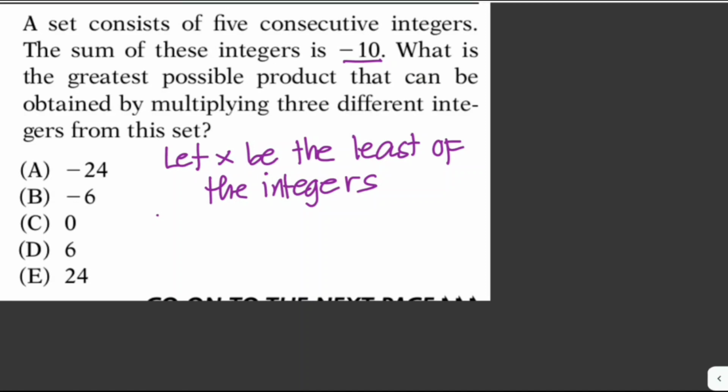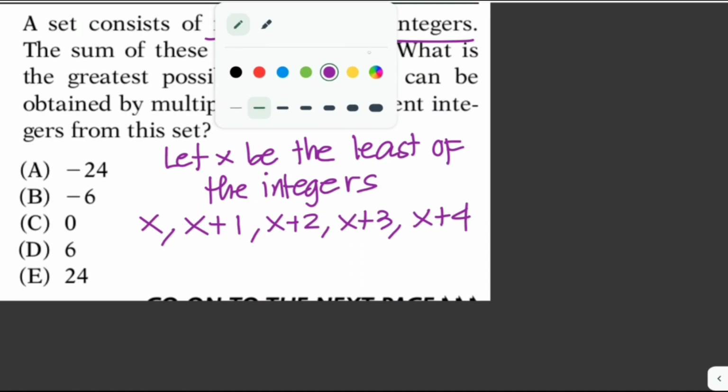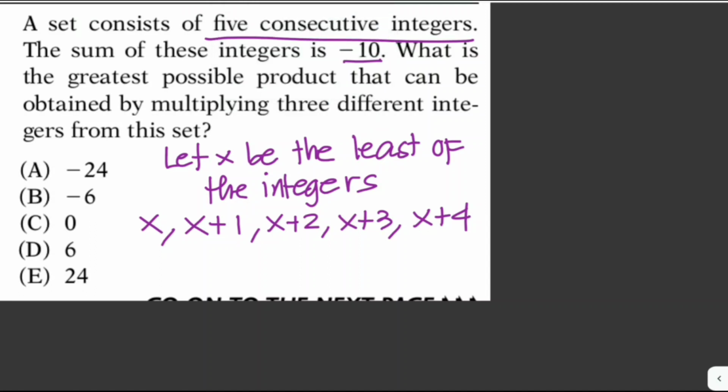Okay, so we have x, the first one, and then x plus 1, x plus 2, x plus 3, and then x plus 4, because it says 5 consecutive integers. And it is given here that the sum is equal to -10, so we can add them up to solve for the value of x, or the least of the integers.